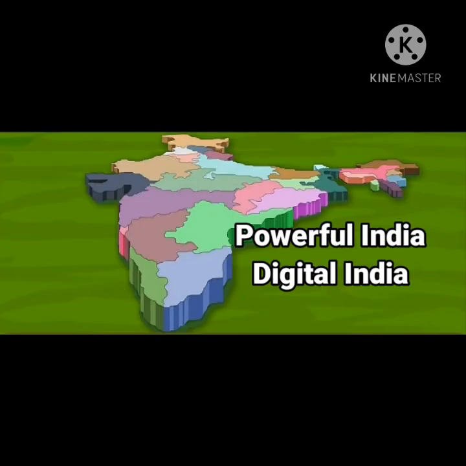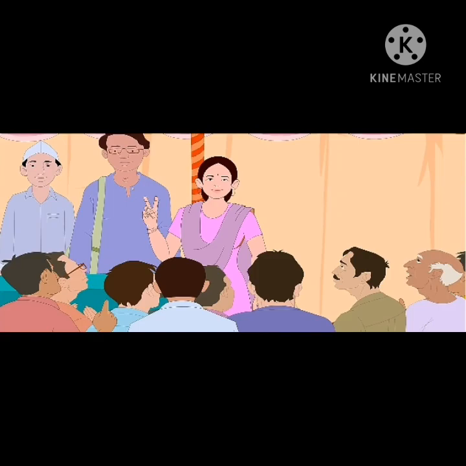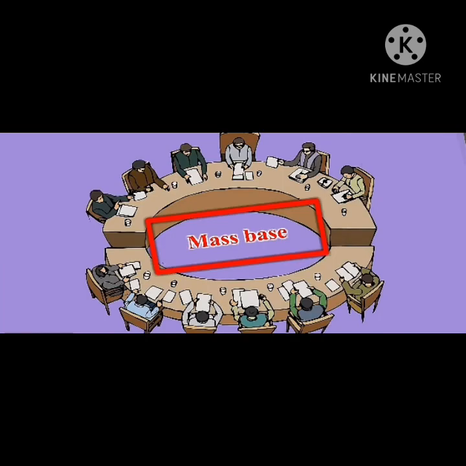For example, BJP's ideology is to make India powerful and Digital India. So people see which party's ideology is good and then they vote for that party. So every party makes strong, effective policies to get people's or social support, and social support received by a political party is called the mass base of the political party.